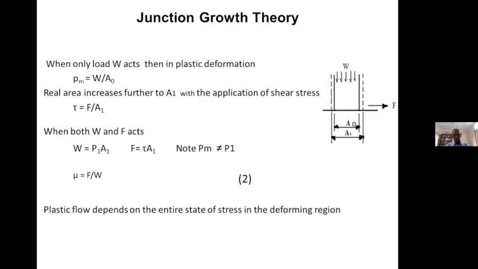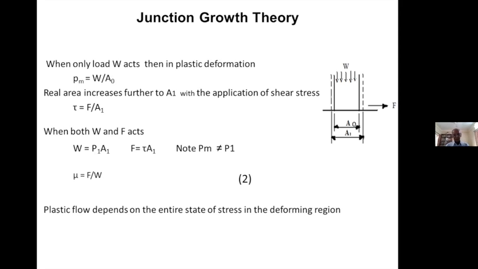It will be different from hardness. So PM is not equal to P1. So we say W is equal to P1 A1 and F is equal to tau A1. So then again we say mu, the coefficient of friction, is F by W.